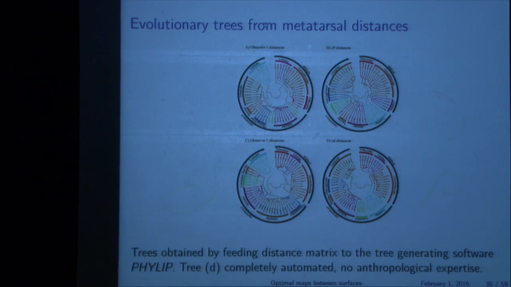The 2 left ones are done by human observers marking landmark points. This method here was the continuous Procrustes distance, and this method down here is our method, the symmetric distortion distance. And we essentially had no mistakes for this particular study.